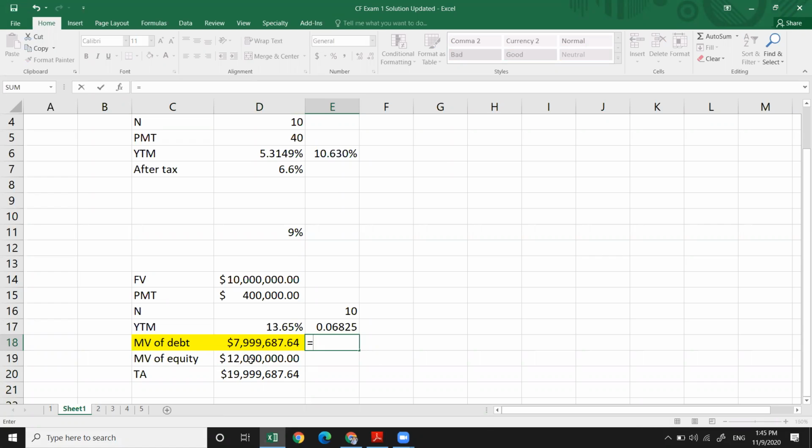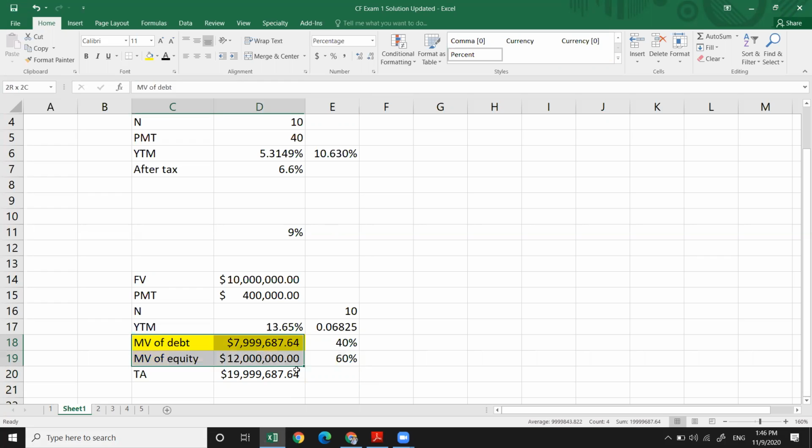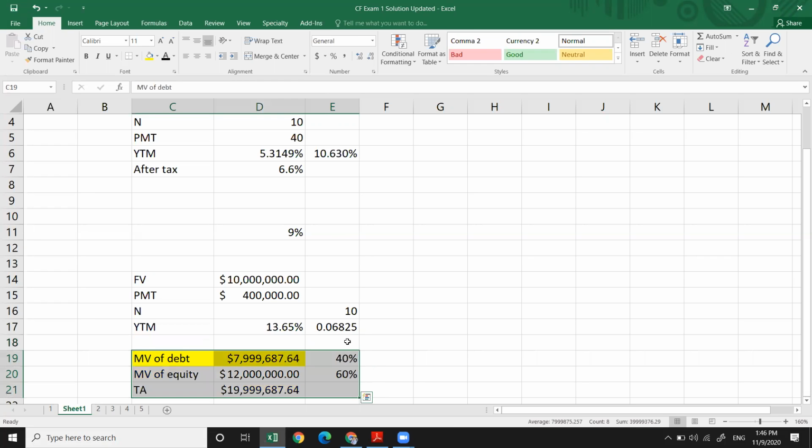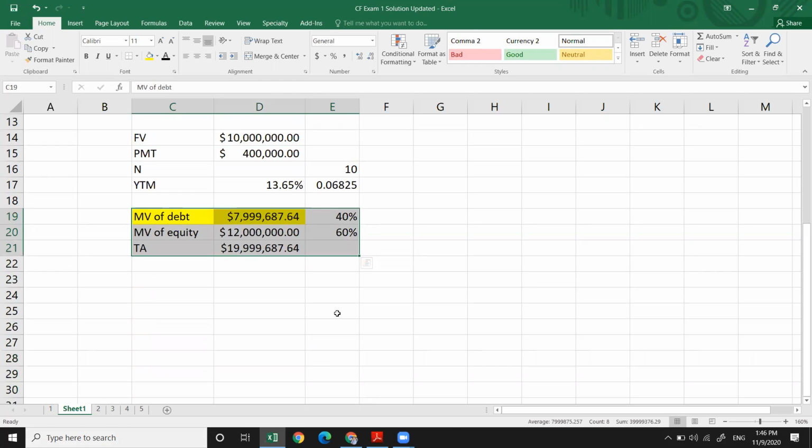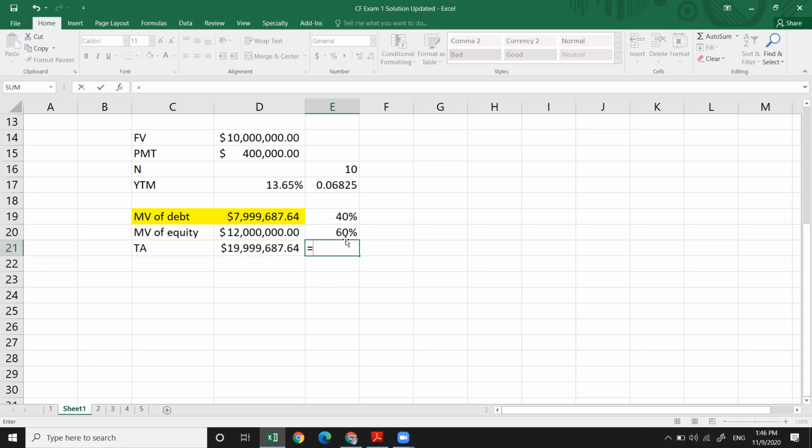Like almost half, if you calculate this divided by this. So these are the percentages that we have. In total, of course, they make 100%.